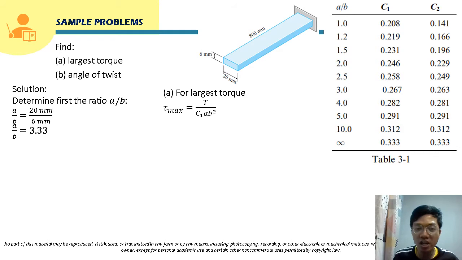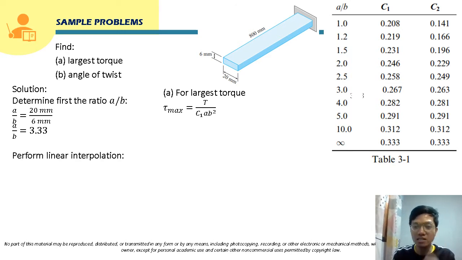From here, we are going to look for this value in this column of the table. As you can see, there is no exact 3.33 value here. We have 3, we have 4, but there is no 3.33. Since 3.33 is located between 3 and 4, we are going to perform interpolation to solve for C1 and C2.